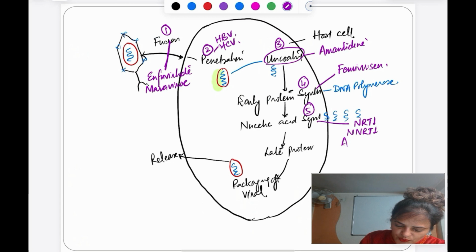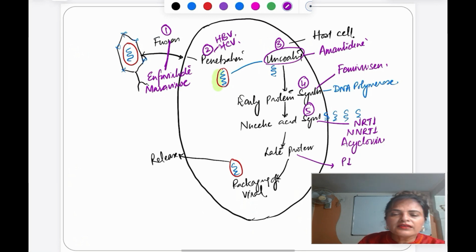Then acyclovir. Then late protein synthesis is inhibited by the protease inhibitors. This is another group of drugs which we use as anti-HIV. Then the next step is the release of the virus. This is by the neuraminidase inhibitors.